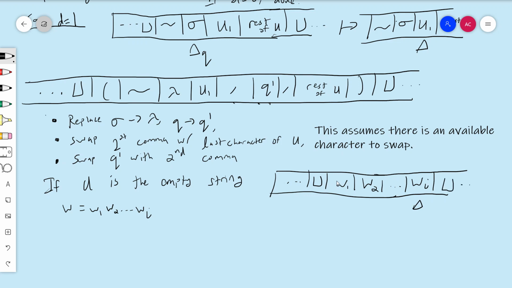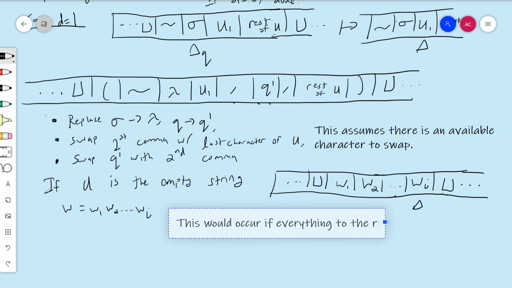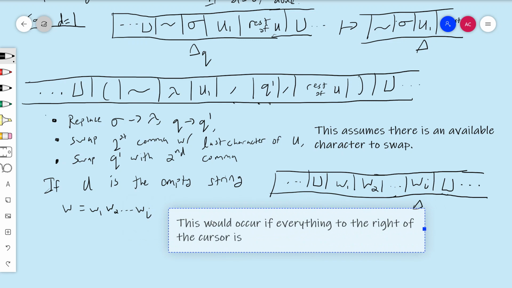Everything to the right is just blanks that I've never explored before. So what it would mean for U to be the empty string would be, this would occur if everything to the right of the cursor is uncharted territory.